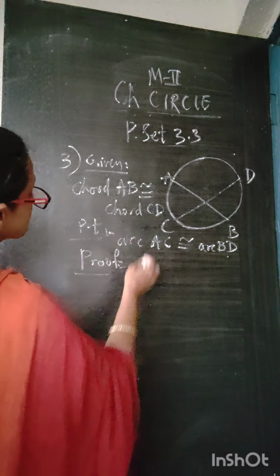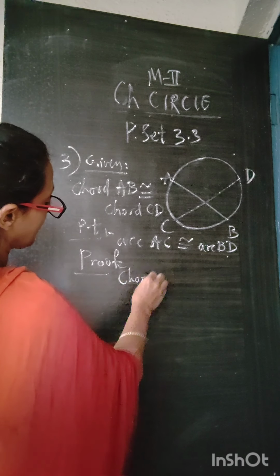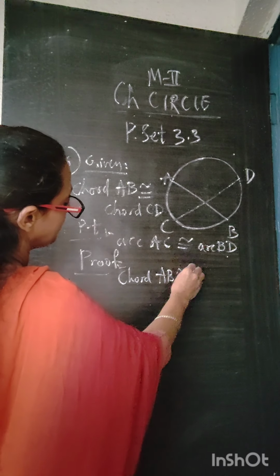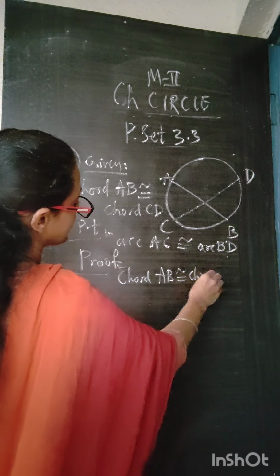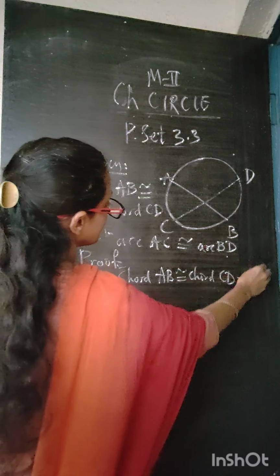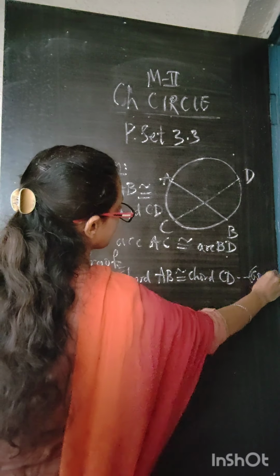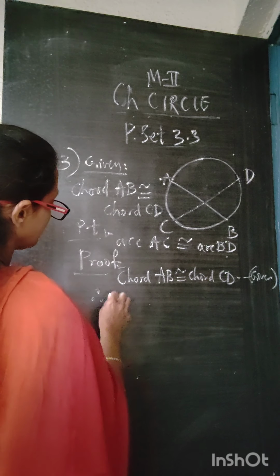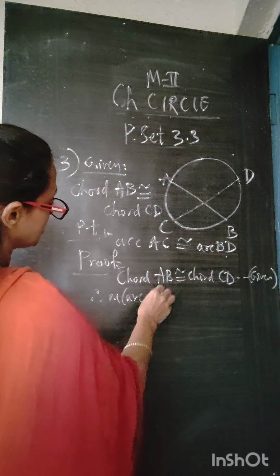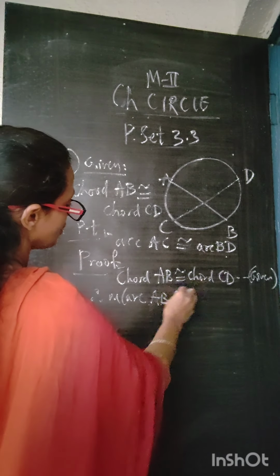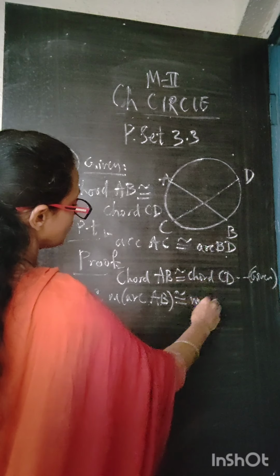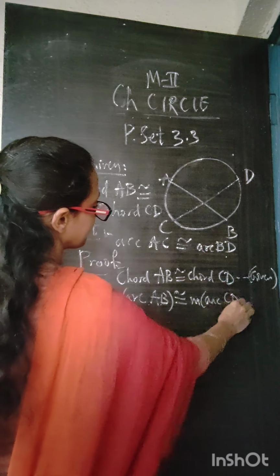What is given? Chord AB is congruent to chord CD, given. Therefore, measure of arc AB is congruent to measure of arc CD.